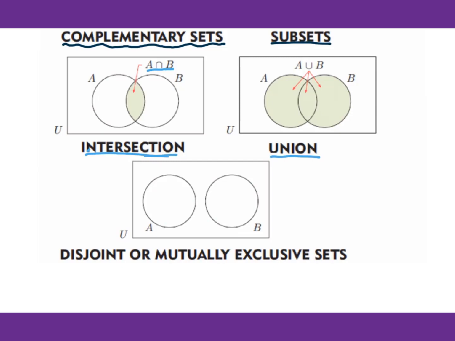Also, we have disjoint or mutually exclusive sets. There is nothing in common in sets A and B. We call A and B mutually exclusive sets.